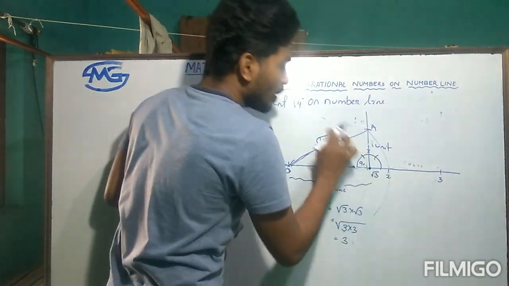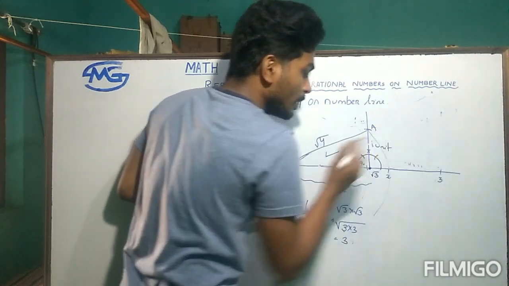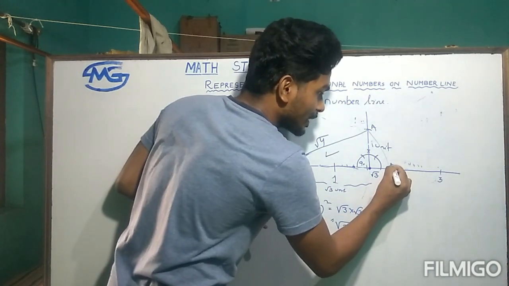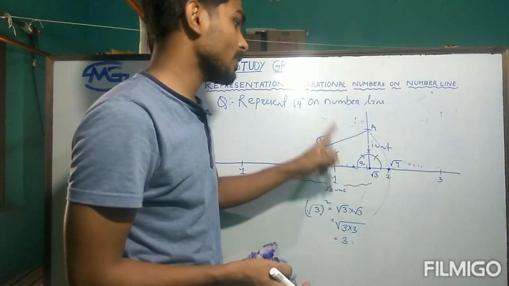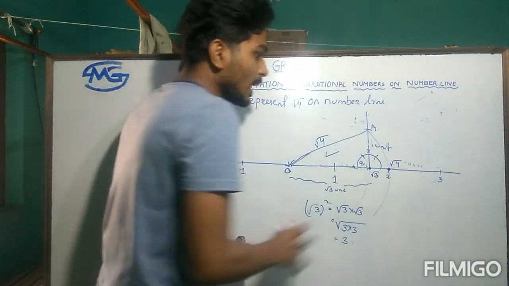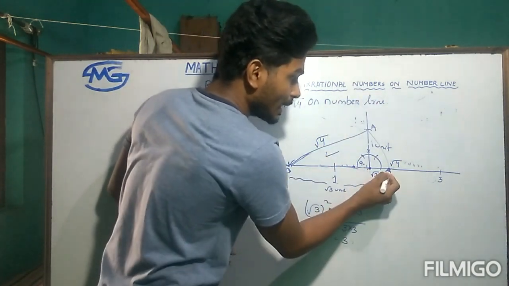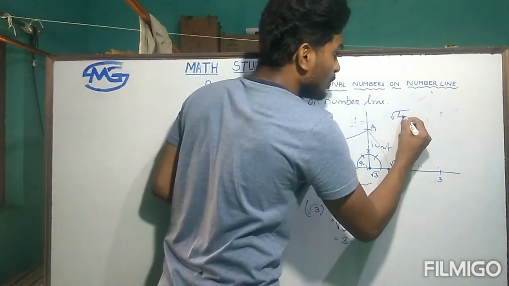See, the arc intersects the number line at a point, and this point is known as root 4. Okay, in this way we can represent root 4 on a number line. See one thing, the root 4 cuts the number line at the point 2. Why? Because the square root of 4 is how much?